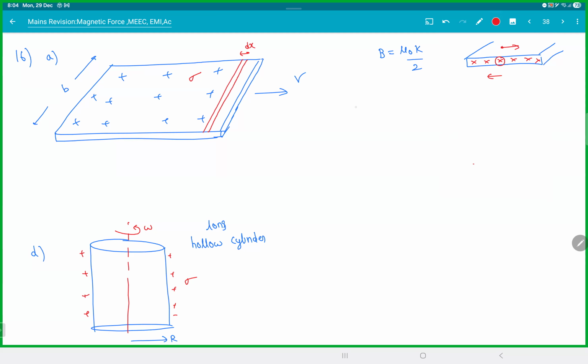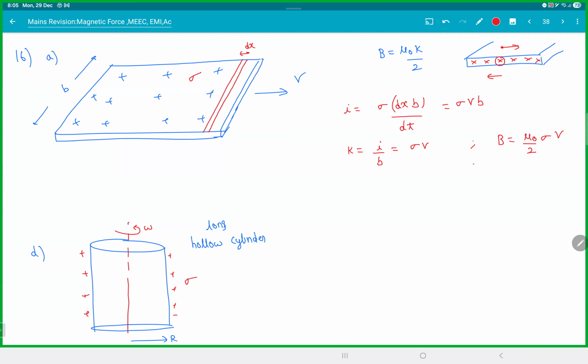What is the charge on that slice? The current I will be dq, which is sigma into dx into b, that is your area, by dt. That will be sigma v b, right? But what is K? K is nothing but current per unit width, which is I by b, which is sigma v. Therefore, the magnetic field will be mu naught by 2, and in place of K, sigma v.